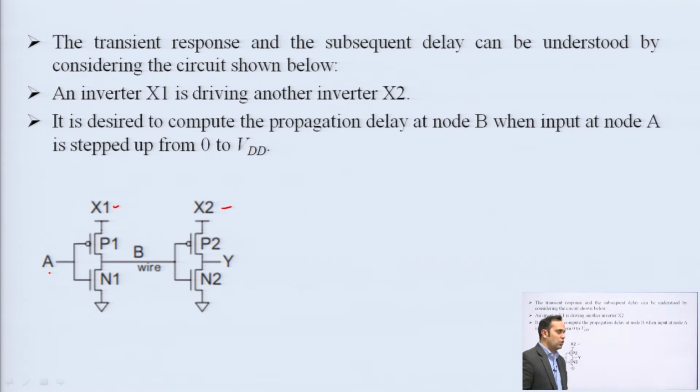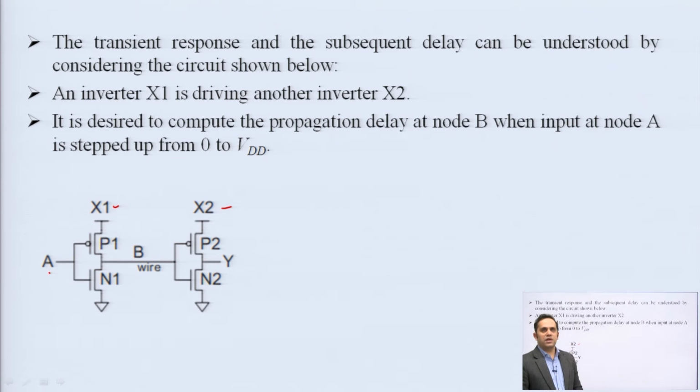So, when node A at X1 is at high voltage, N1 turns on and drives node B to ground potential. Similarly, when A is at ground potential or logic 0, it is going to turn the PMOS transistor on and pull node B, the output of X1, to power supply.